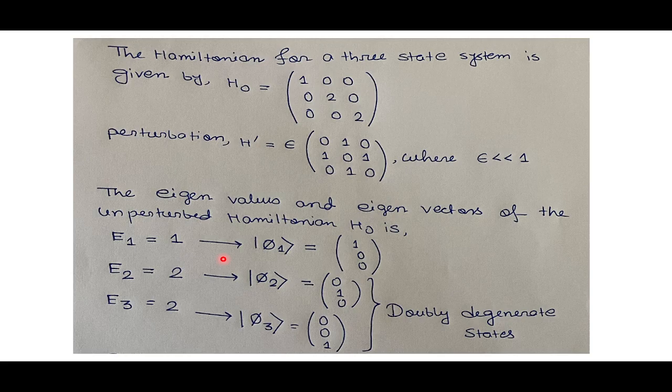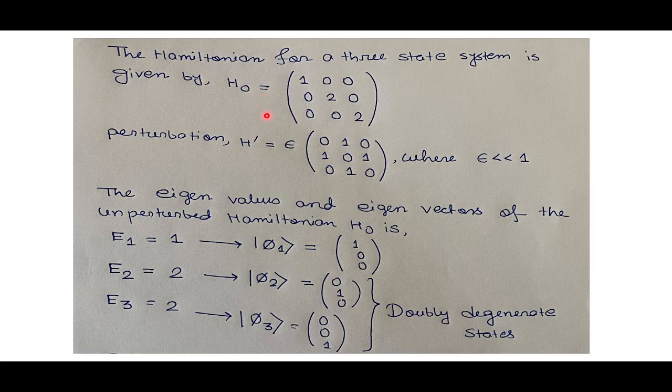If you are asked the shift in all three states, then you have to deal with all three states. So we need to deal with H dash only for finding the correction? Yes. H not is the primary Hamiltonian, that is the unperturbed Hamiltonian.